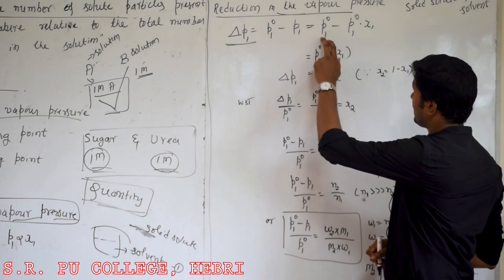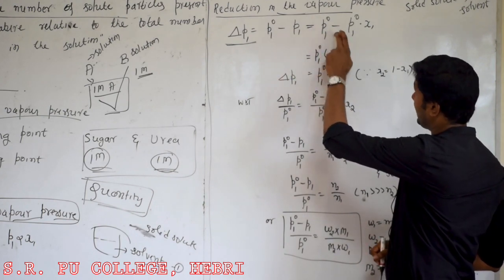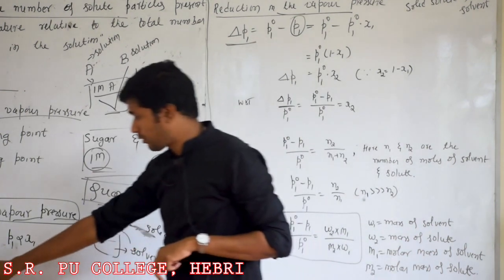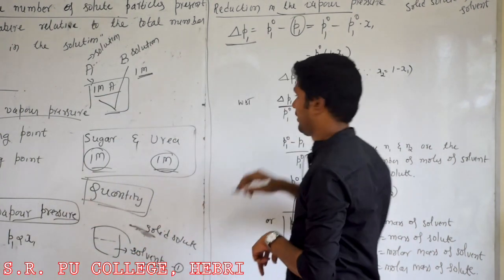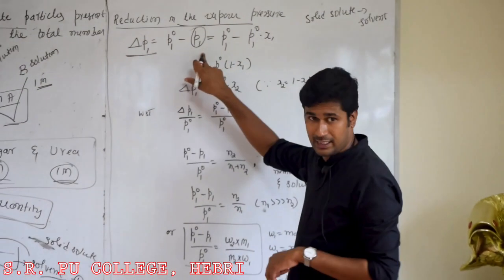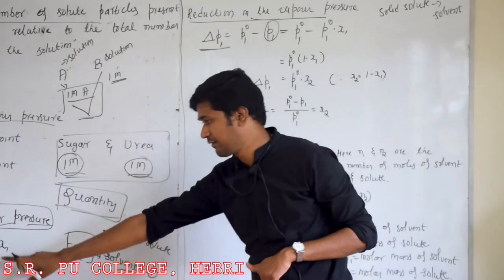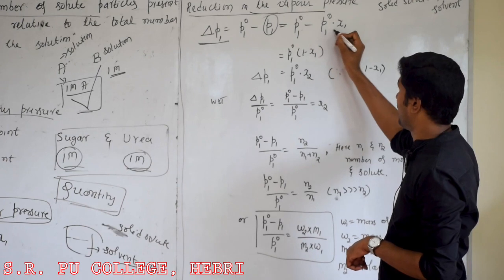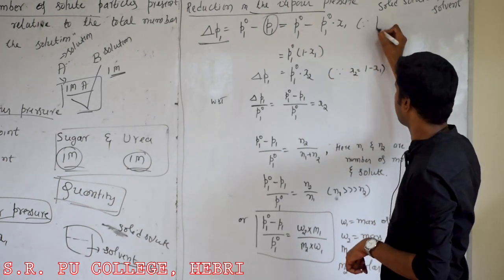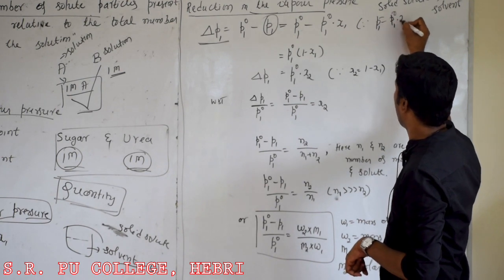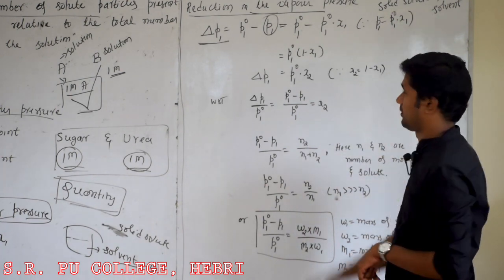What is P1? P1 is equal to P1 naught into X1. Call this equation number 1. Using equation number 1, we can write P1 naught minus P1 naught into X1, since P1 is equal to P1 naught into X1.